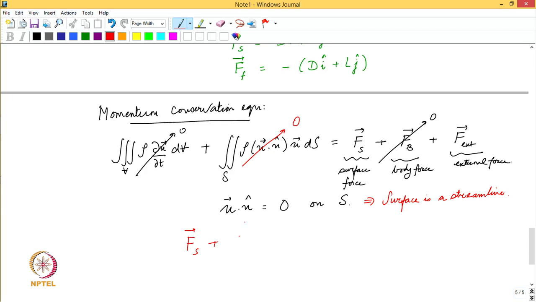F external is essentially the force on the fluid because of the presence of the solid, which would be, I can say, minus D i cap minus L j cap. So F s plus F external is 0. That is all we are left with. All right. Or we could say F s is D i cap plus L j cap.